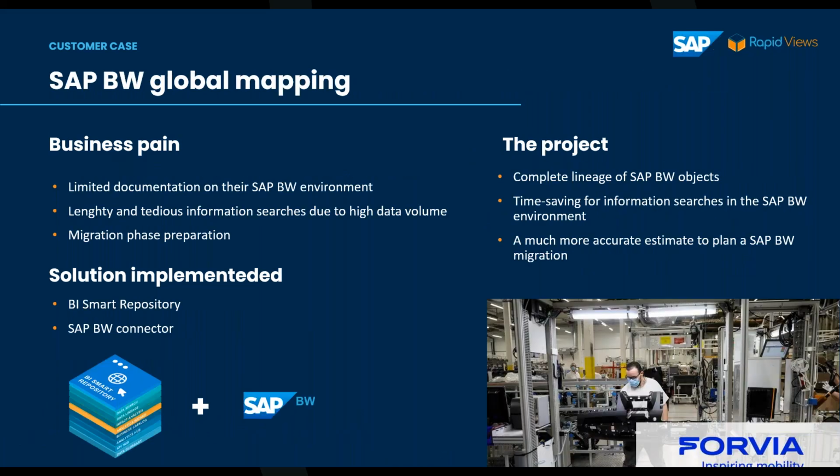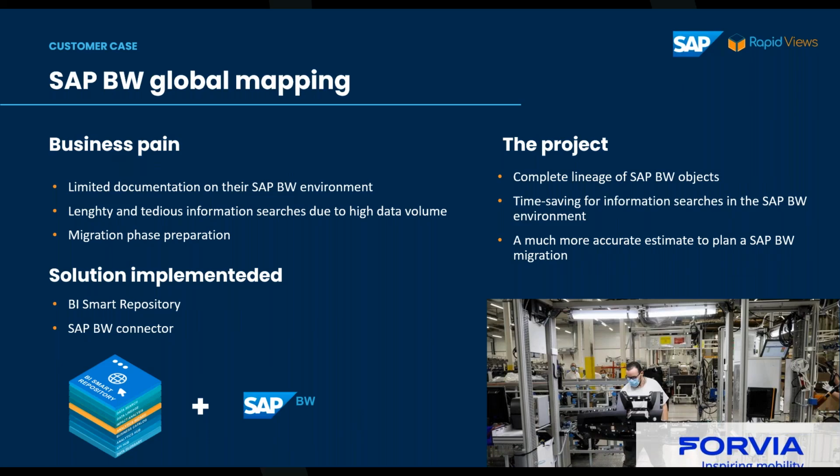Another one, BW Global Mapping, Forvia, a French company. They had this legacy BW system and didn't know exactly what was still in the system. It's a huge BW system, one of the biggest BW systems in France.